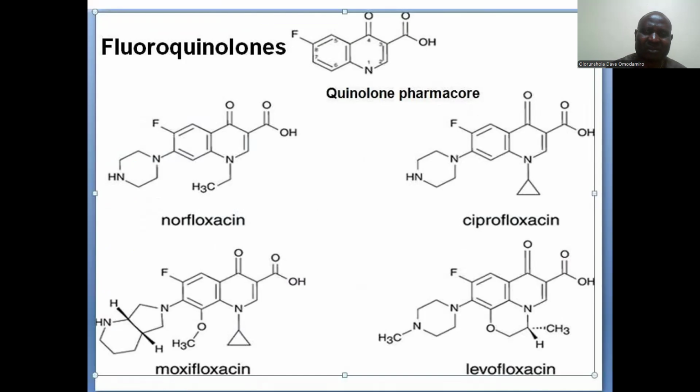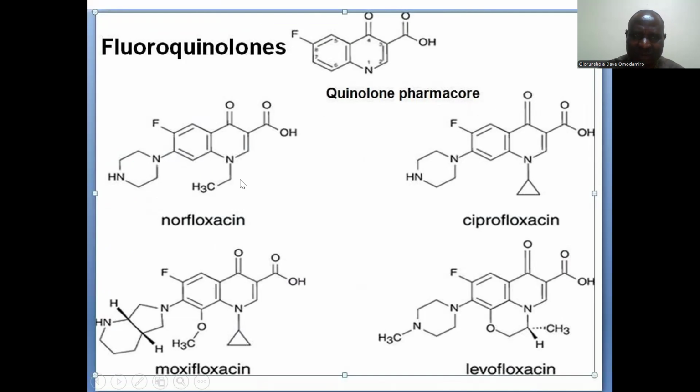These are the chemical structures of fluoroquinolone. That is what gave it its name, the attachment of fluorine compared to nalidixic acid.